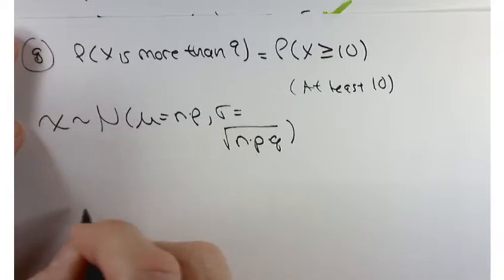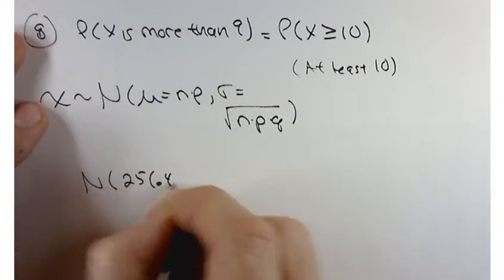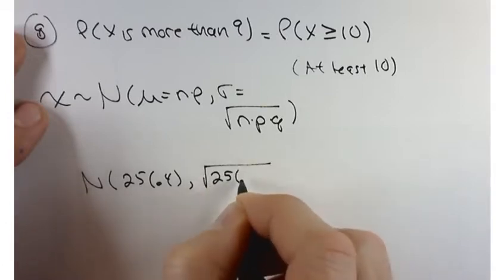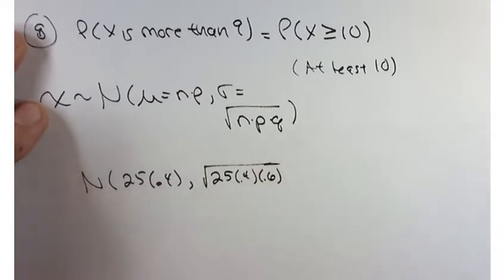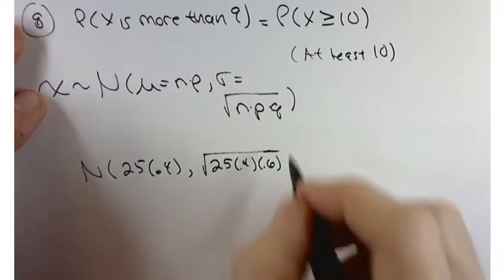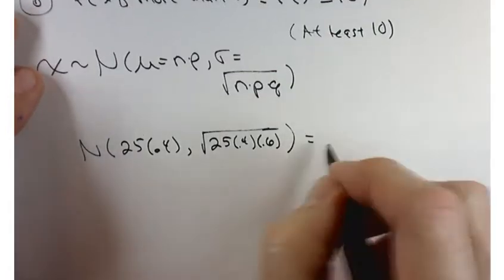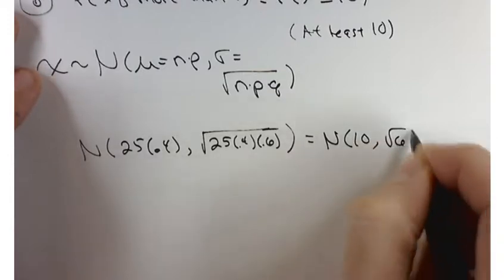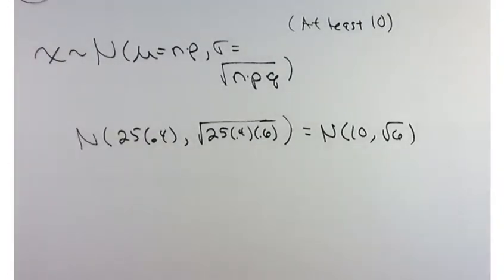So in our case, the mean was 25 times 0.4, and the standard deviation was the square root of 25 times 0.4 times 0.6. I think that's going to be like the square root of 6, but somebody check me on that. Okay, thank you. So that'd be 10, and the square root of 6 is the normal distribution that we're going to use to make this approximation.